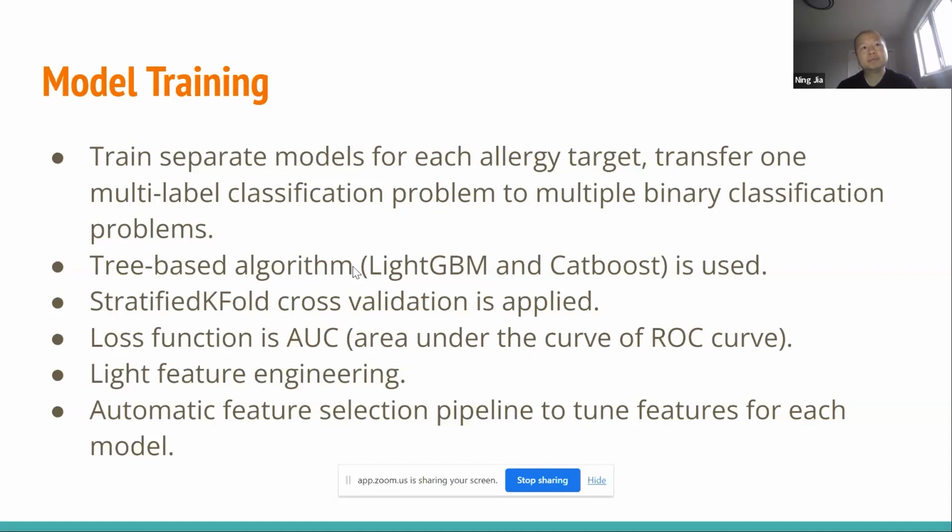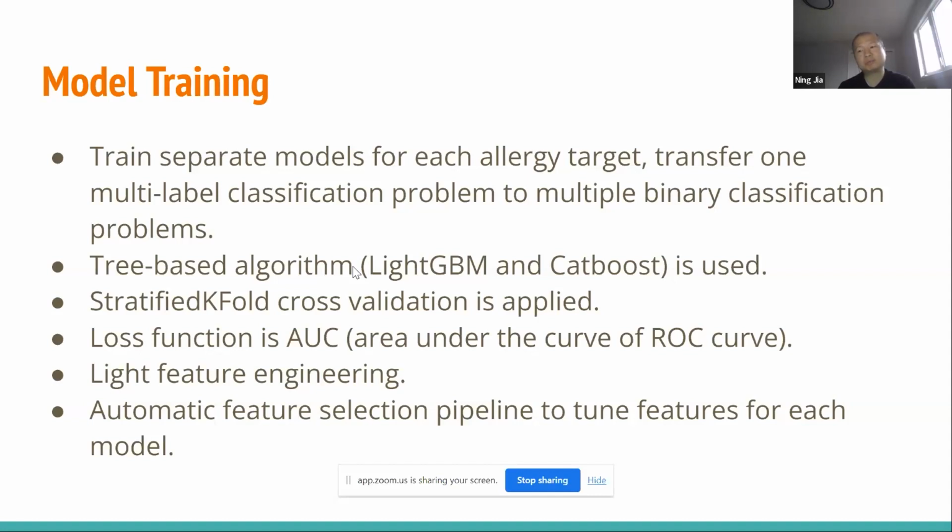For feature engineering, I did light feature engineering because I'm not an expert in this domain. I try simple features, like the number of zeros you have. I believe the test set is signals from a blood test, so how to really combine them, I have no idea.